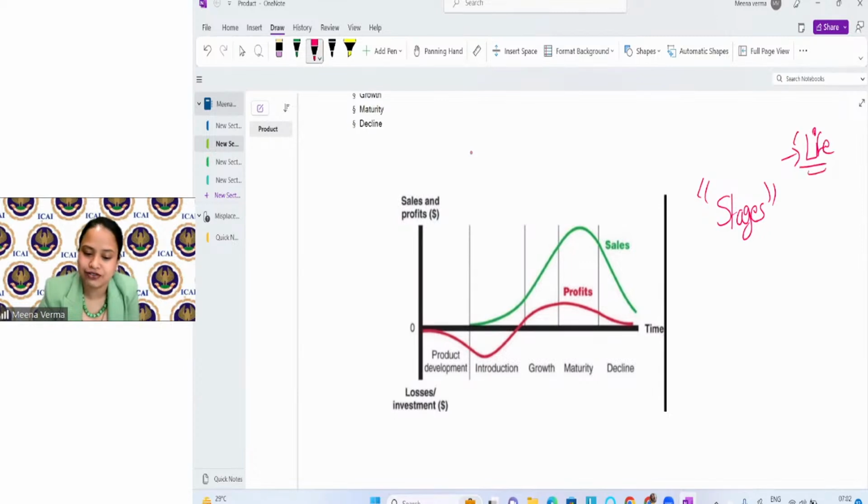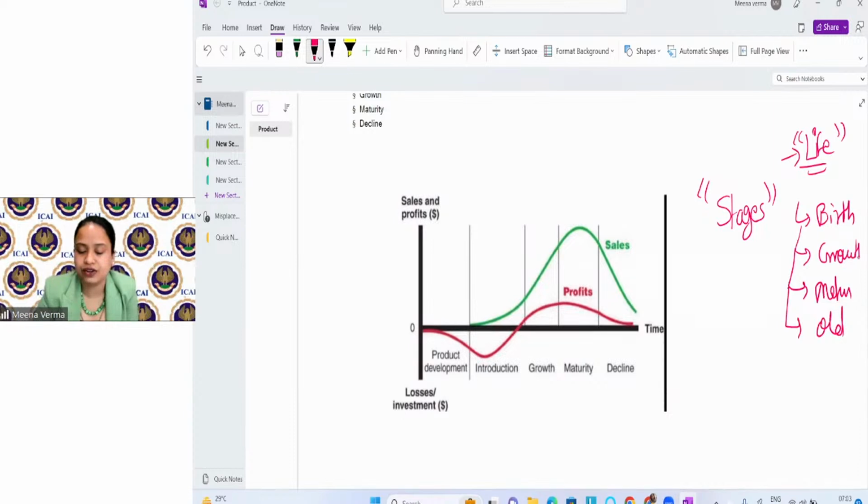It is for sure that we have taken birth, we have passed through an age of growth, then we attain a stage of maturity, then old age, and then one day, for sure, we will die. This is our life.